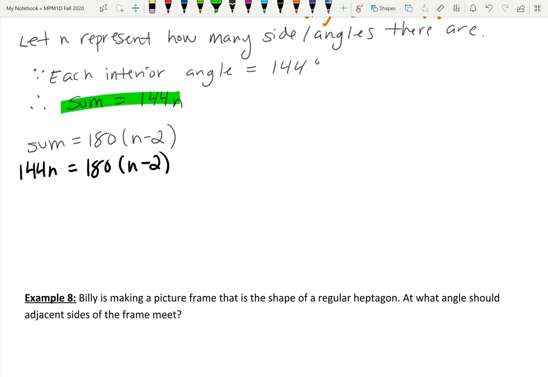Okay, so I can't divide both sides by 180 because there's this n here. So I can't divide 144n by 180 because they're not like terms. So instead, what I'm going to do is distribute my 180 into the binomial. And then 180 times -2 is -360. Okay, so now I'm going to collect like terms. I'm going to bring both n terms to the left side.